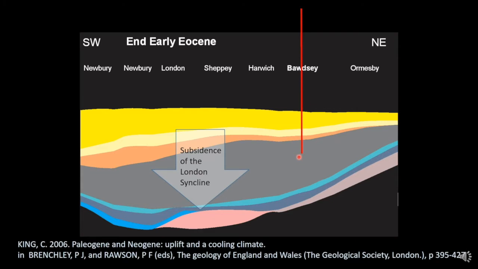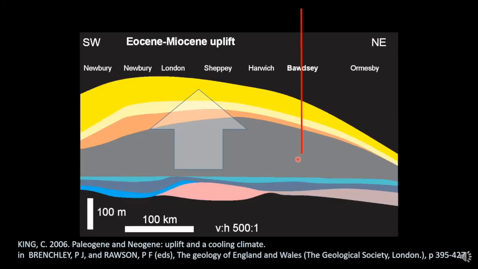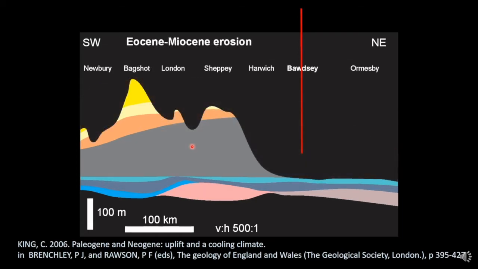Throughout the Miocene, very gentle regional tilting and uplift, and significant erosion, possibly, well, a few hundred meters. Not that significant, to be honest. And at Bawdsey, it's taken out all but possibly a thin skim of the London clay, leaving mostly the Harwich formation underneath.